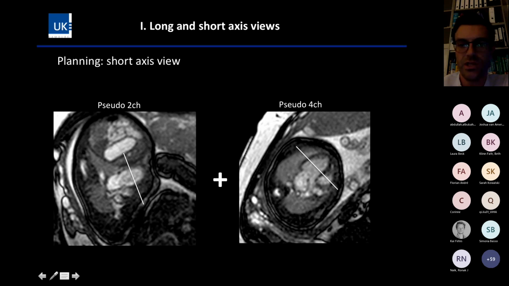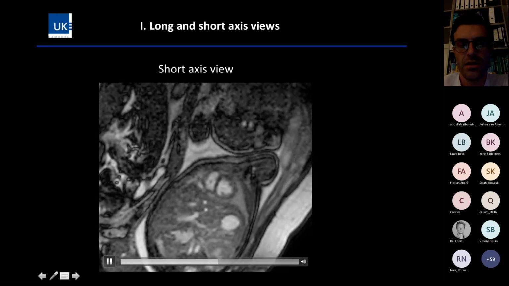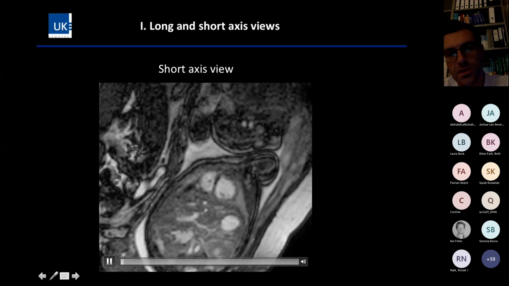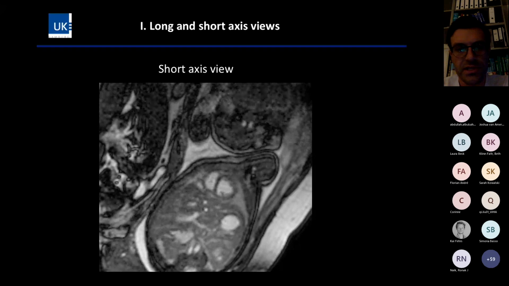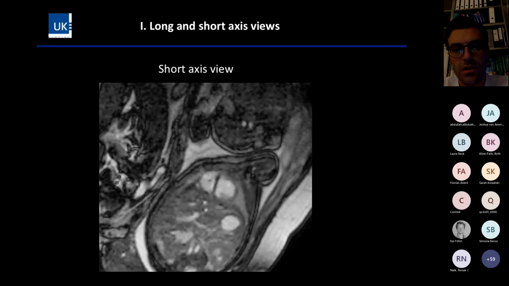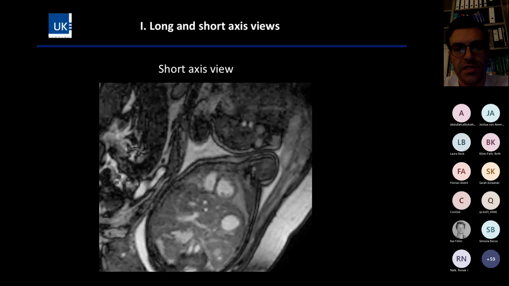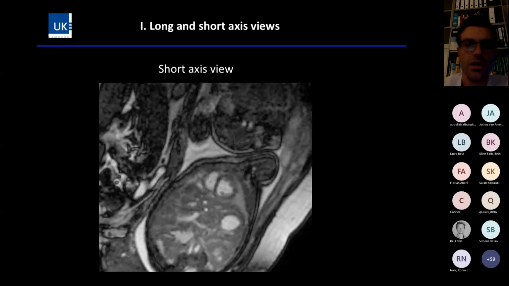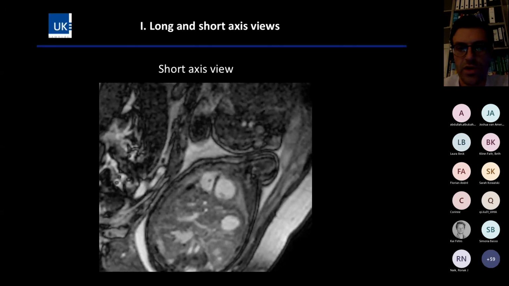And what you receive then is this short axis image. You can of course assess multiple slices. In this example, I show you only one image revealing this short axis view.